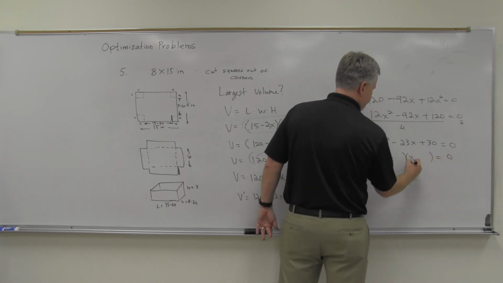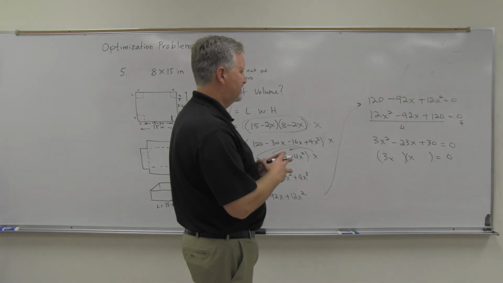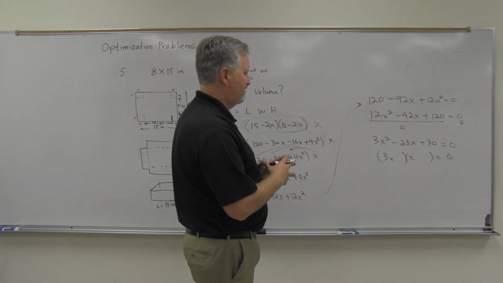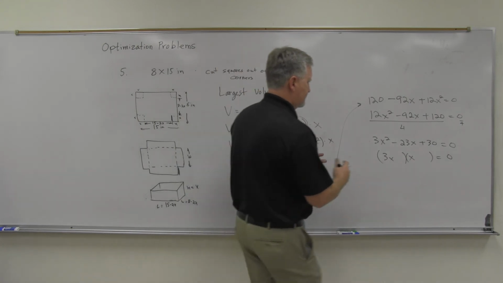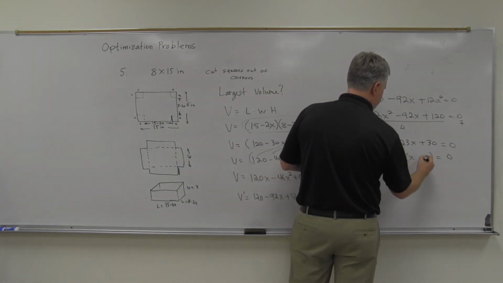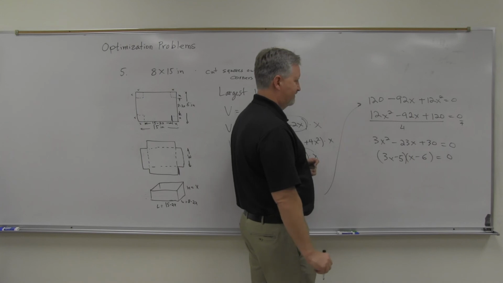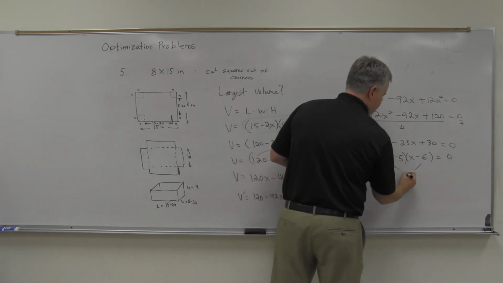3x and x. Let's see, 30, I believe it's not 10 and 3, I believe we're going to use 6 and 5. Does that work? That's minus 18x, and that's minus 5.